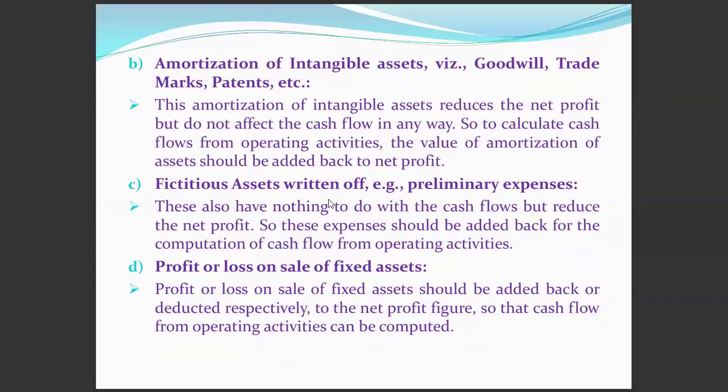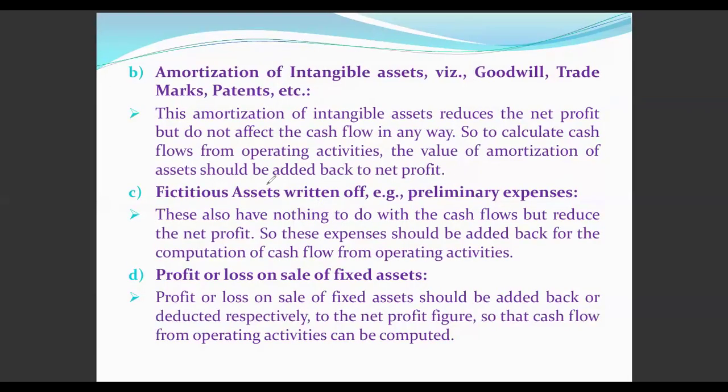Now what do we do about goodwill, patents and copyrights? They are not actually affecting the cash flow. So if I'm creating any of these assets out of my current cash flow, then they are again added to the value of net profit. If I'm creating goodwill or any reserves, they should be added back to the net profit.